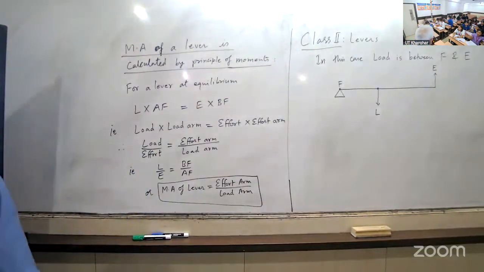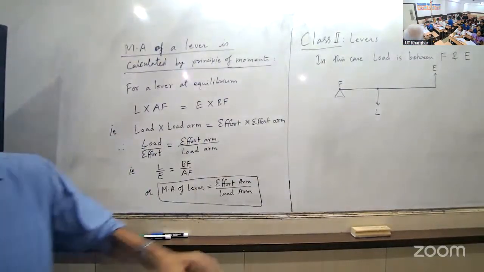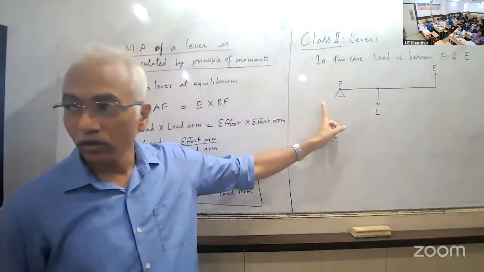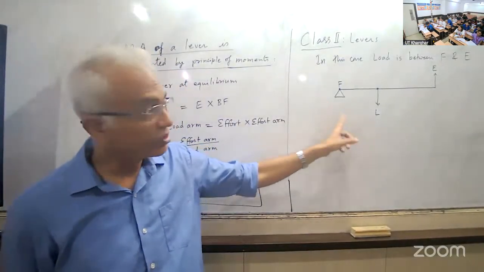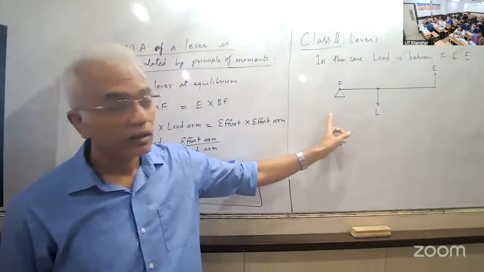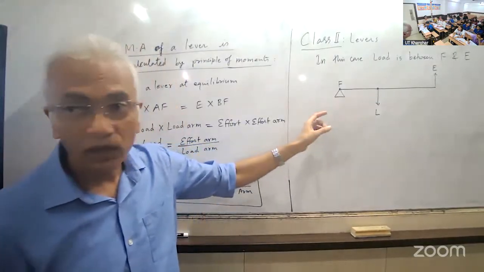What is load arm? Distance of load from pivot, okay, the distance of the load from the fulcrum. So that is the load arm. What is effort arm?